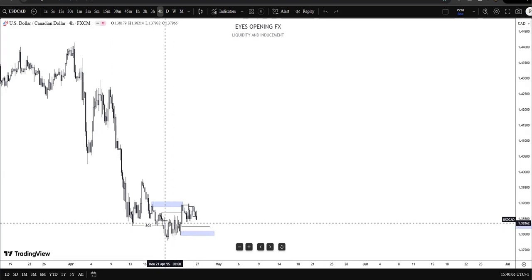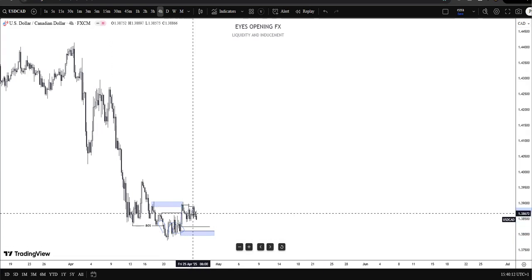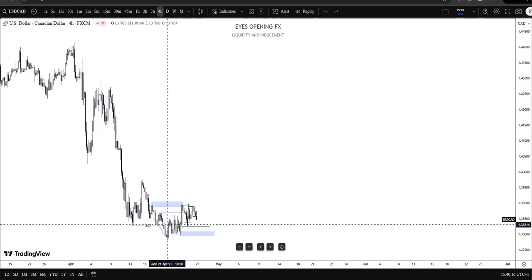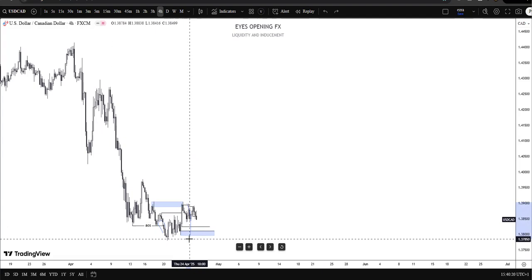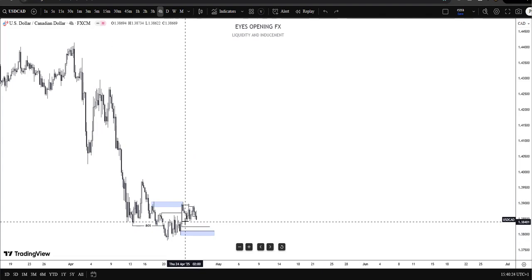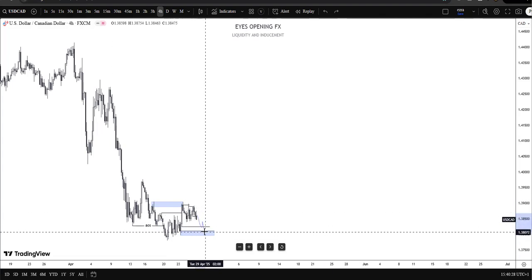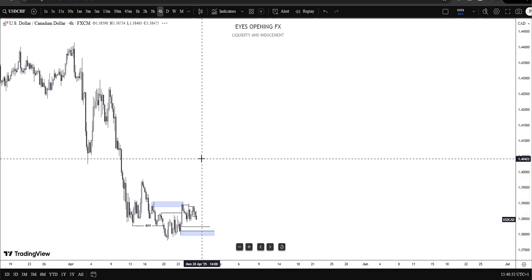We have strength to the downside right here, consolidation right here, a little manipulation, then another consolidation. After this consolidation and manipulation, we expected a sharp distribution to the downside to make a lower low, but the market did not do that. So we have another consolidation. This can mean we have a manipulation to the downside before expansion to the upside.